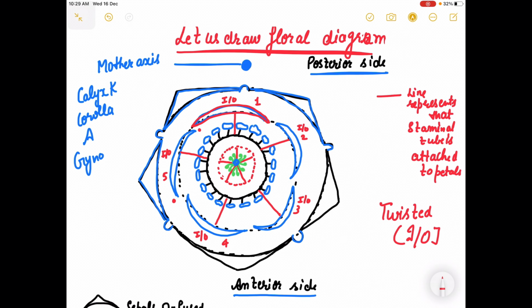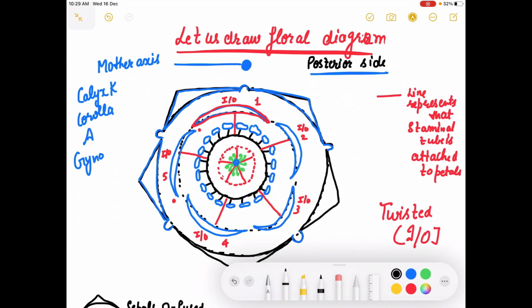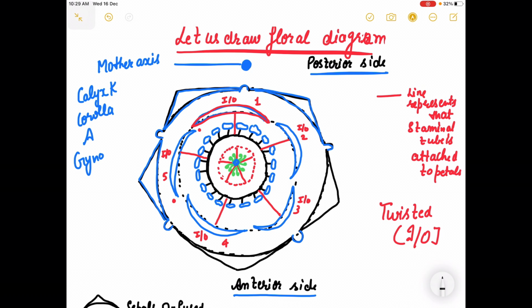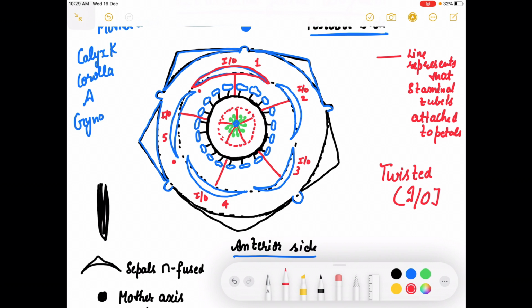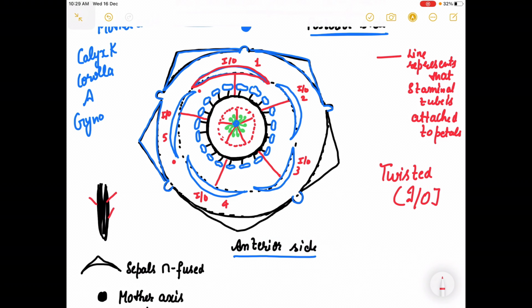Now move to your androecium part. As you can see, we have drawn the androecium with the black color. When you know that all the filaments together form one staminal tube, and on this staminal tube the anthers are attached.